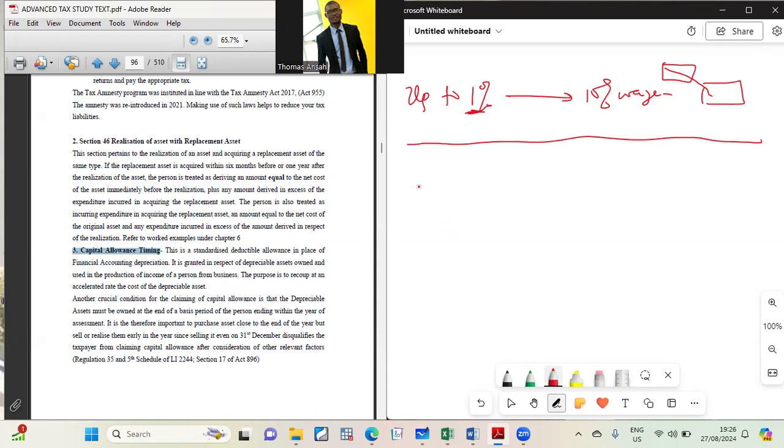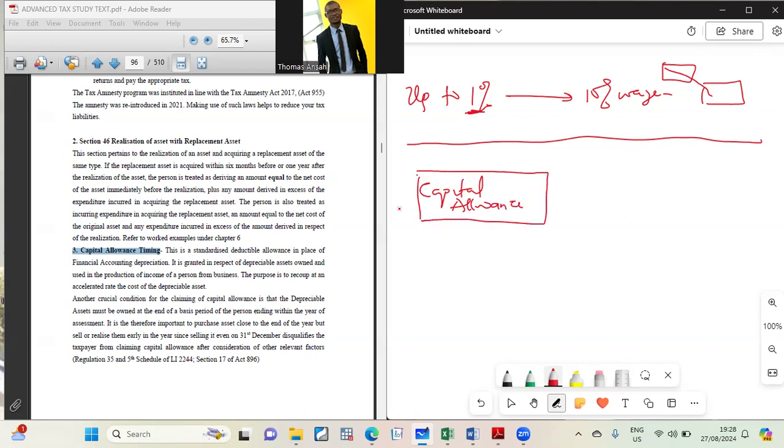Now watch this. In Ghana, you get capital allowance. Hold on just a minute, please. Now, you get capital allowance when you own assets and the asset is used in the production of an income.